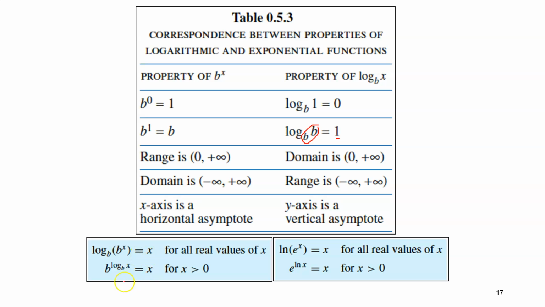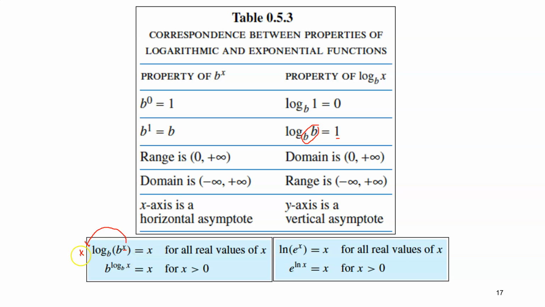Okay, so you have this kind of log base b of b to the power of x equal to x. Why is it so? Because bila you ada exponential ni, you boleh bawa dia dekat depan. So you write it down as x. So yang tinggal cuma log base b of b. Log base b of b, actually you get 1.